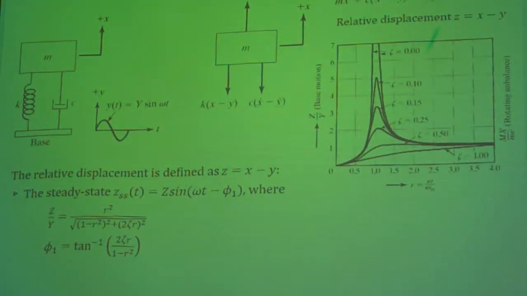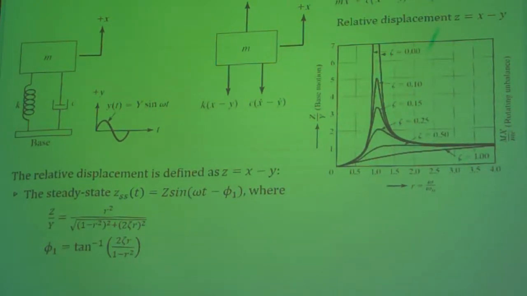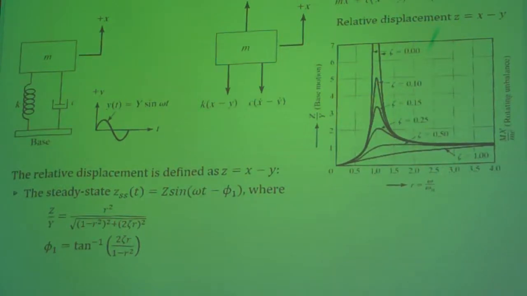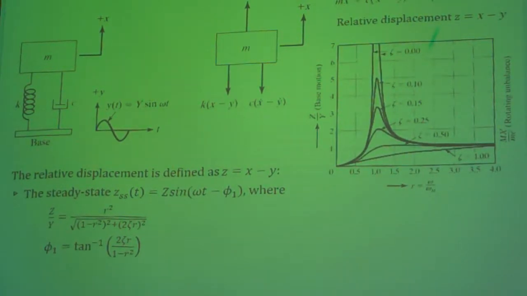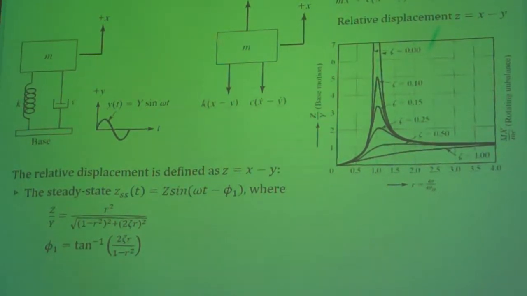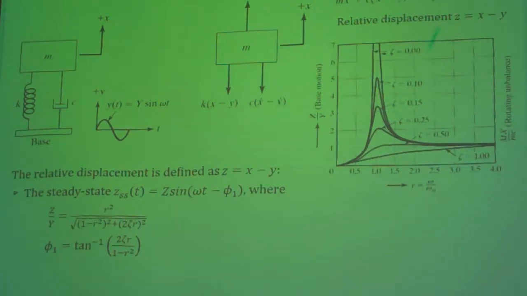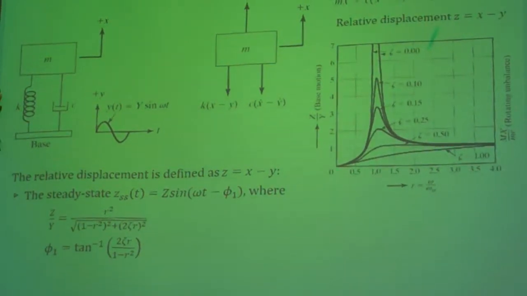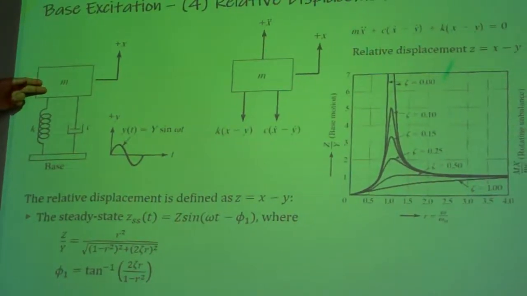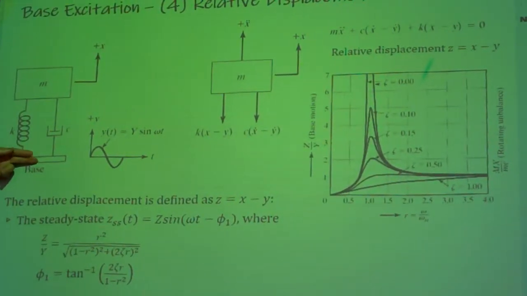So I will go a little bit quicker. Today we look at the fourth one, and this is the relative displacement. This page summarizes the whole result, and we can go over it. What is the relative displacement? It is defined as the displacement of the end relative to the base.